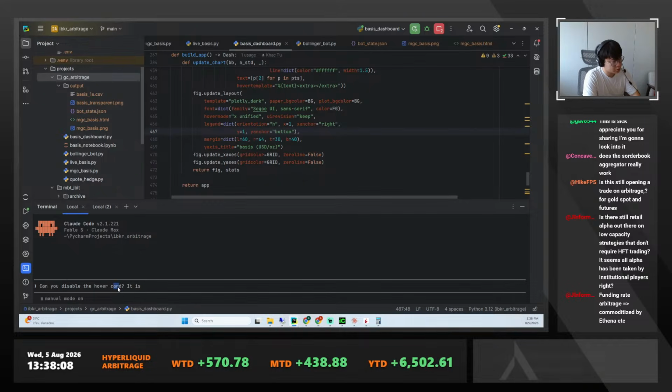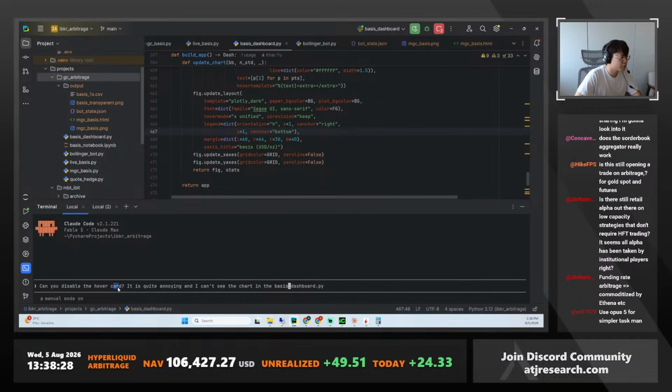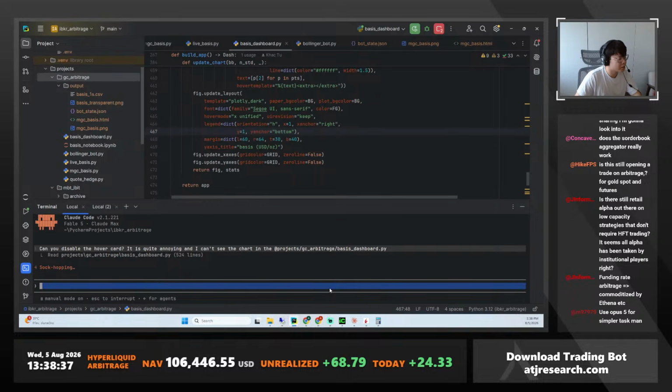It is quite annoying, and I can't chart the basis dashboard.py. Again, it's still a demo account, so I don't really trust the actual execution. We're just testing the logic right now. And if I'm happy with the logic, then we can actually run a test on the live market.